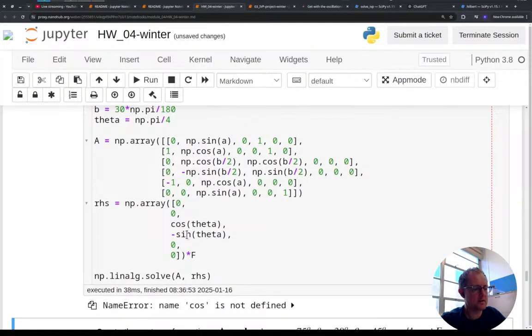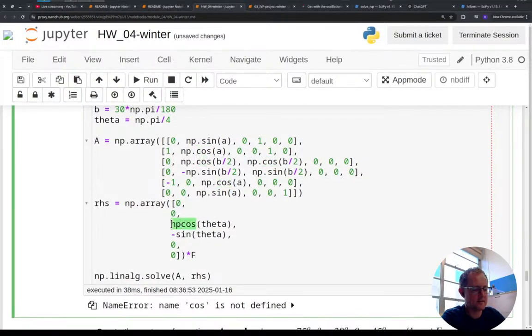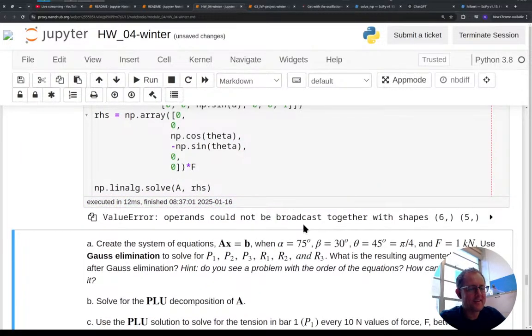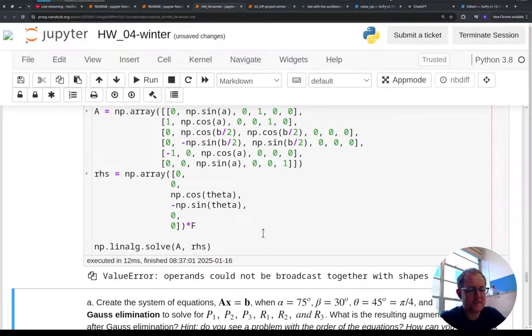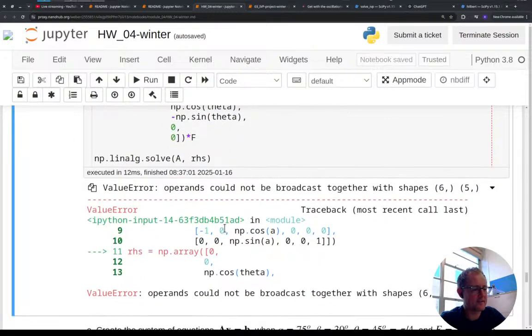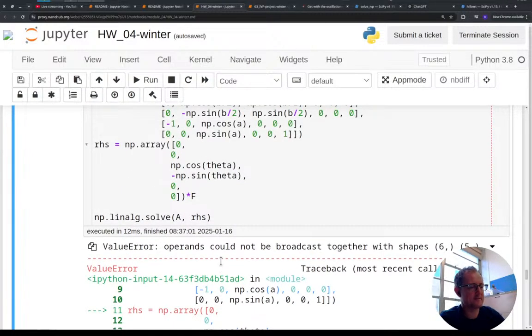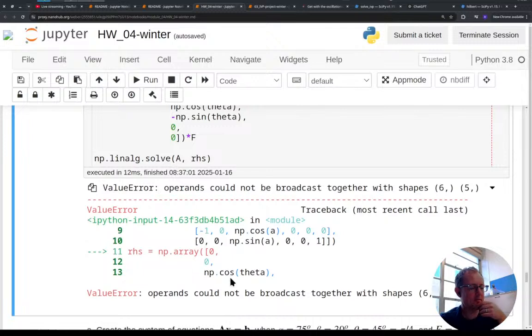it tells me cost is not defined. So picky. No, that's fine. 6 and 5. Yeah, that would not work if it's 6 and 5. And what did I do wrong?